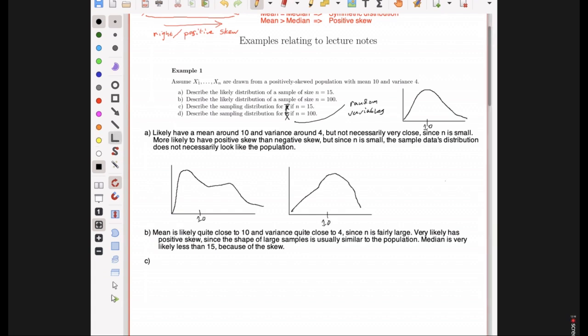Or we could have something that looks quite like the population. So because our sample size is small, we've got more variability between those. And really, this 10 should be up a little bit farther, because like I said, that mean is getting drawn in the direction of skew.